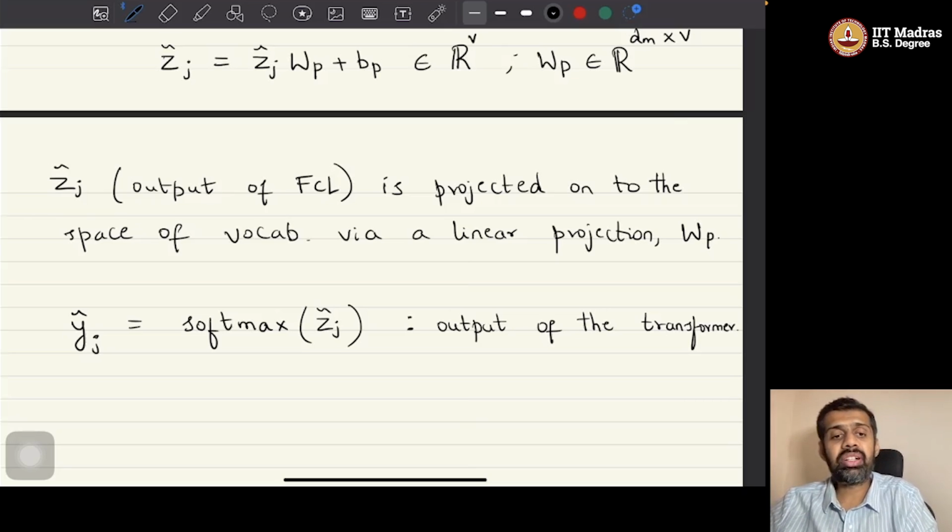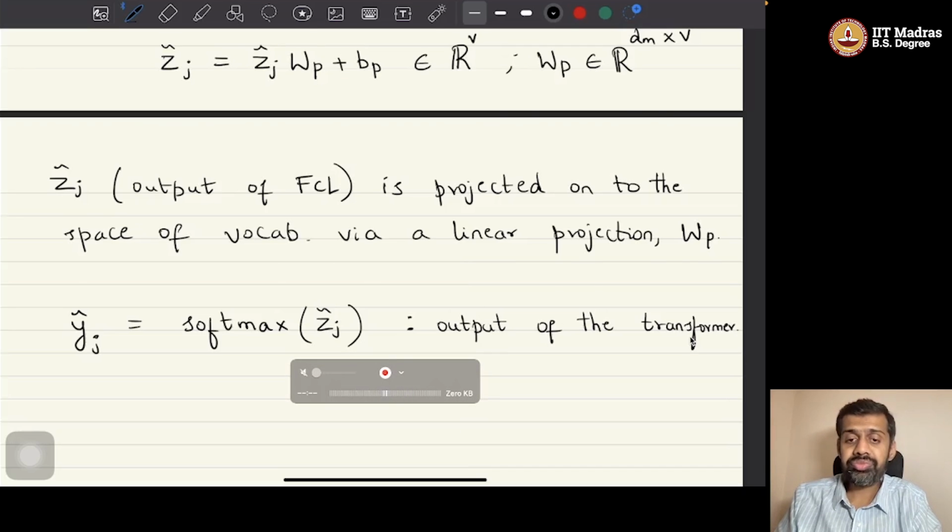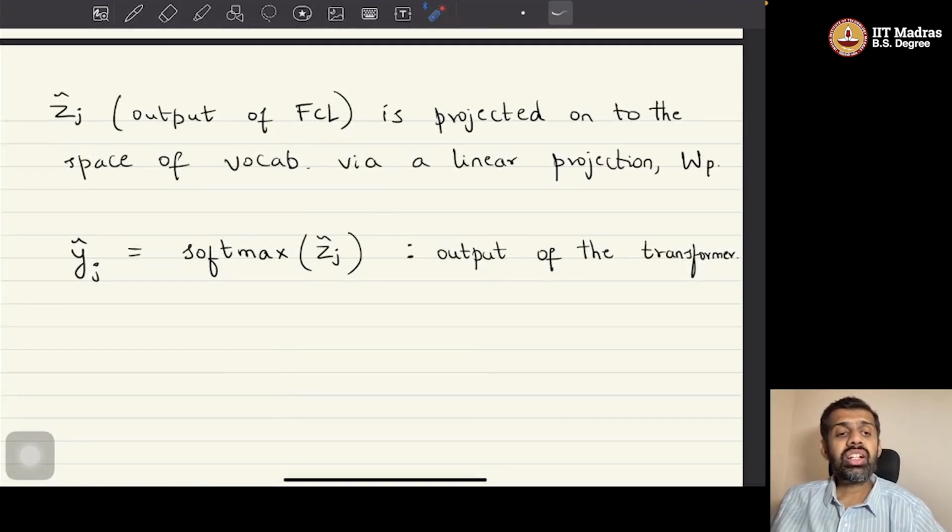If you have capital T as the length of the input tokens, then the output of the transformer would give you a distribution over the vocabulary via the softmax operation over the representations that we have gotten at the output of the fully connected layers. This way we get a discrete distribution over the vocabulary at each of the tokens of the input sequence.